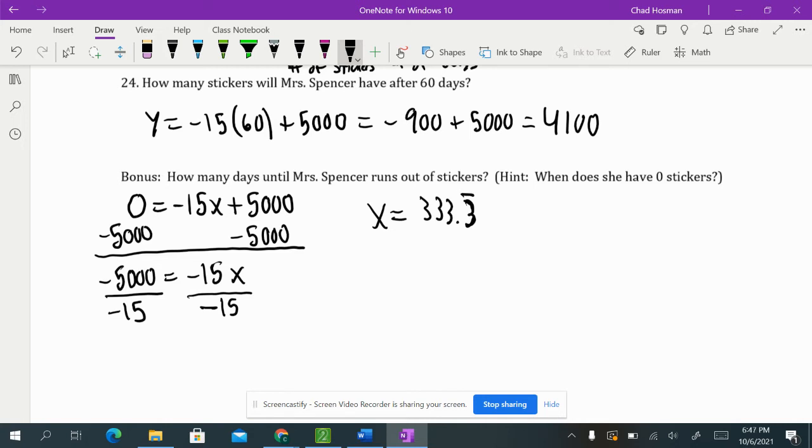Right? Or if you guessed and checked, right, you just plugged in a bunch of numbers for x till you got 0 as your answer, you probably would have gotten x equals 334. Because that's when it would be negative. So we know it would be past 0. So either one of these would work. Again, you can always guess and check.